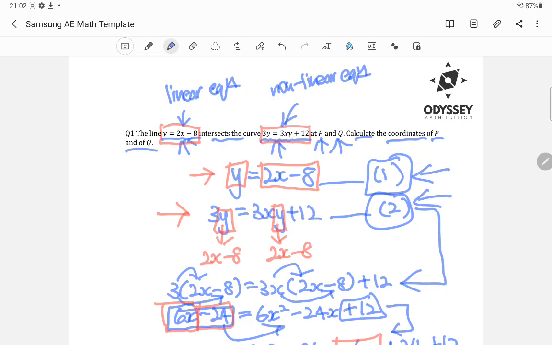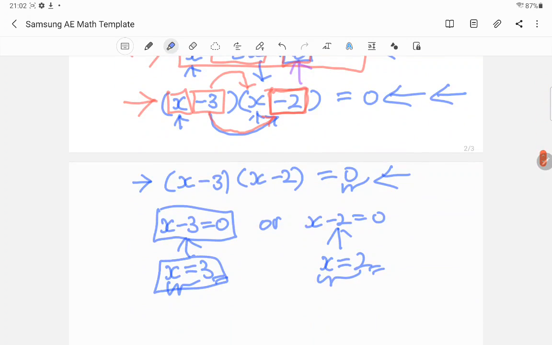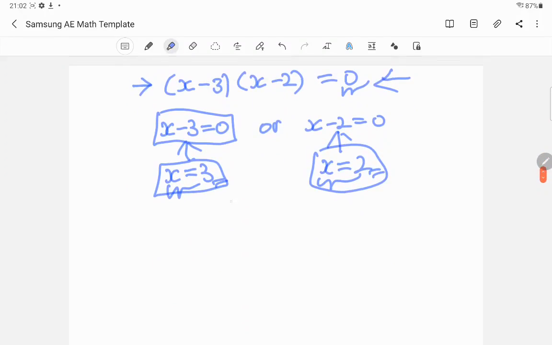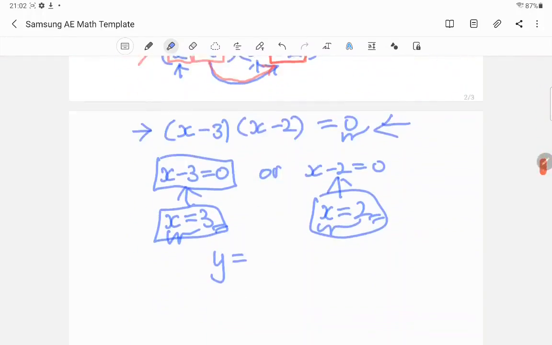If you look at these two equations, 1 and 2, you can see that the equation y equals 2x minus 8 is much simpler than the equation 3y equals 3xy plus 12. So we are going to substitute the values of x that we have solved earlier into equation 1. Let's write down equation 1, y equals 2x minus 8.